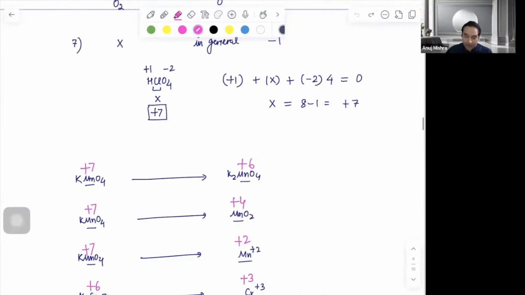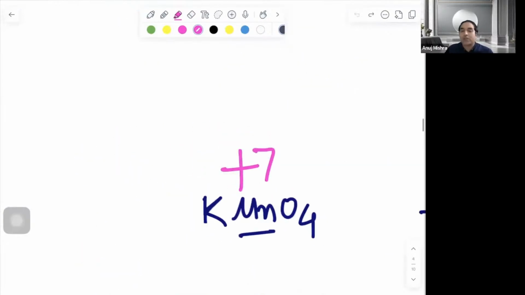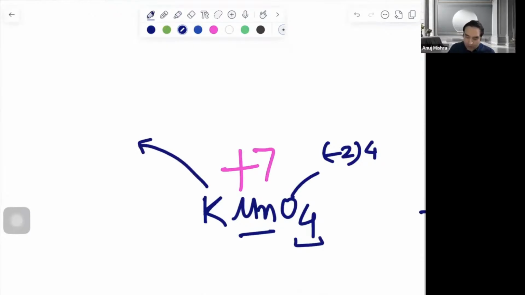For instance, if we talk about KMnO4, the rule says oxygen is -2. If oxygen is -2, how many -2s are there? 4 units because of O4. Potassium belongs to group 1, so it will be +1. Mn is unknown for us, let's say X. So what will be our equation, Yatharth?